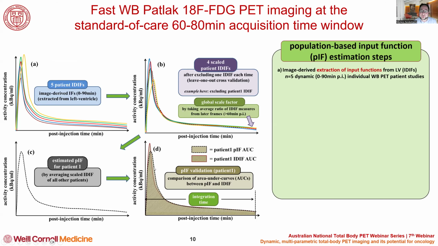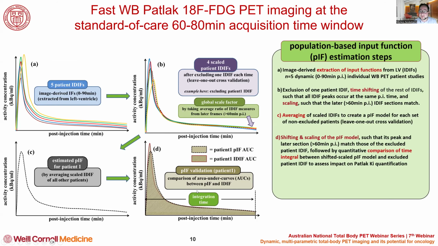And this will allow us to extrapolate the missing input function for the first 1 hour that we did not scan. So here I'm explaining the different steps that I just described to you.